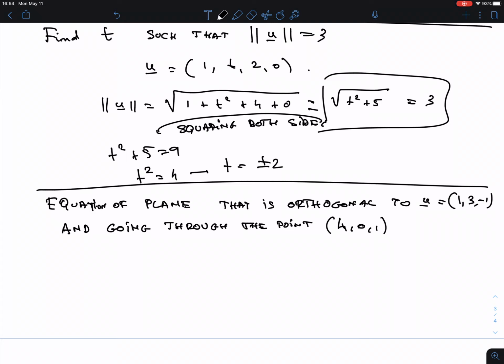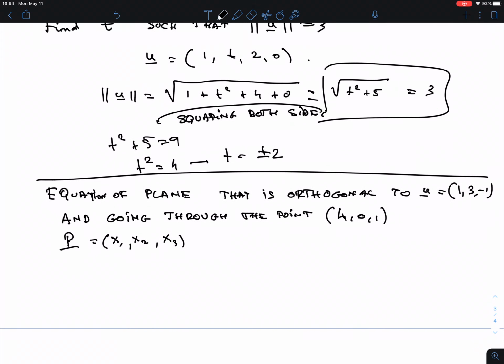One way is to make a general point on this plane. I don't want to spend too much time explaining it because you should go look it up, but we take a point with coordinates x1, x2, x3, a general point on this plane.